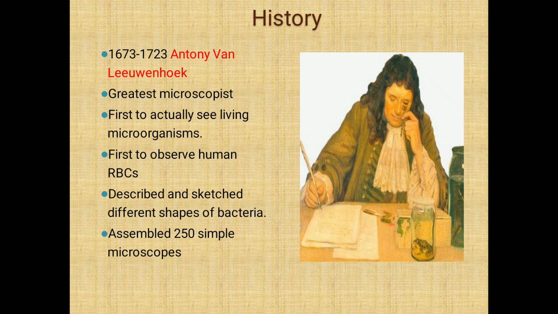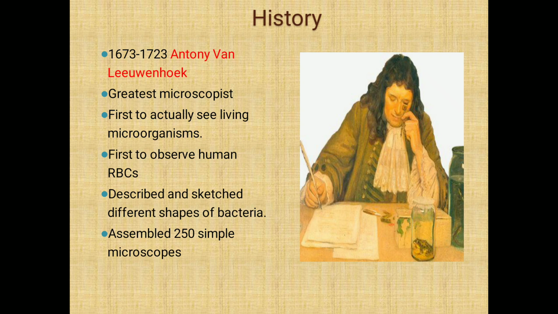So microscope is the device, or we can say it is an equipment which is mainly used to observe various minute things which are of microscopic size. So as we know that the microorganisms are of microscopic size, so microscope is mainly required. So this microscope was actually discovered by Antony van Leeuwenhoek.